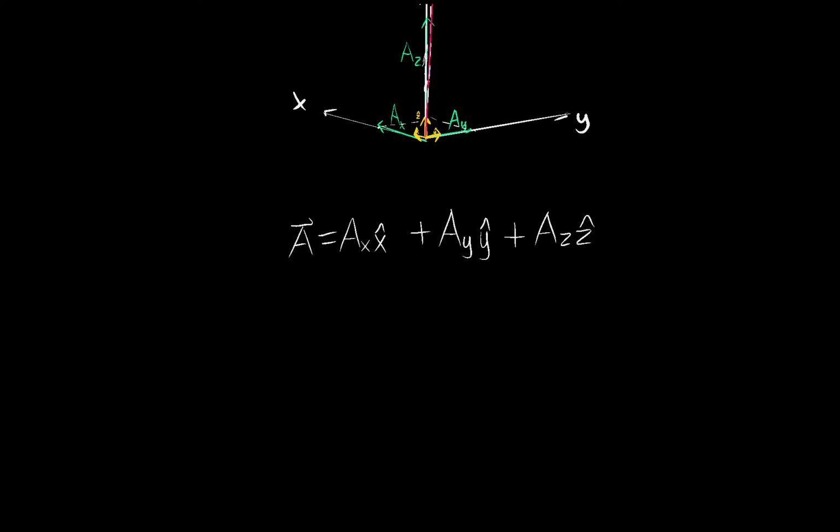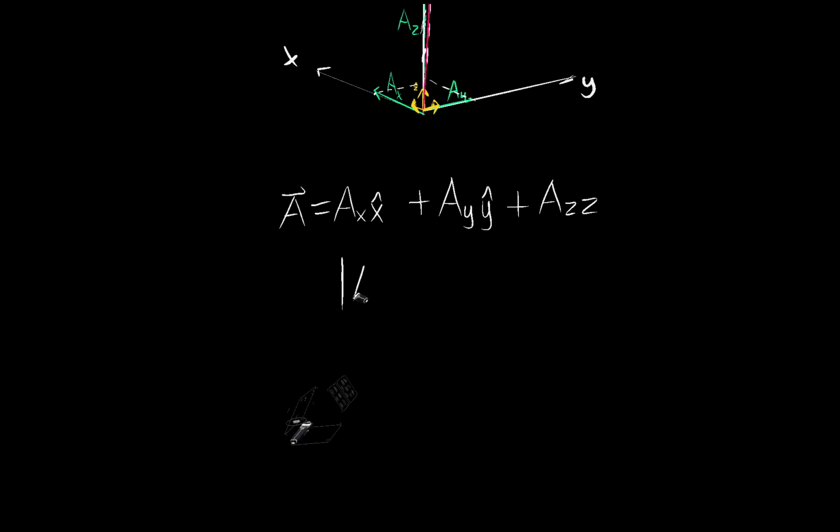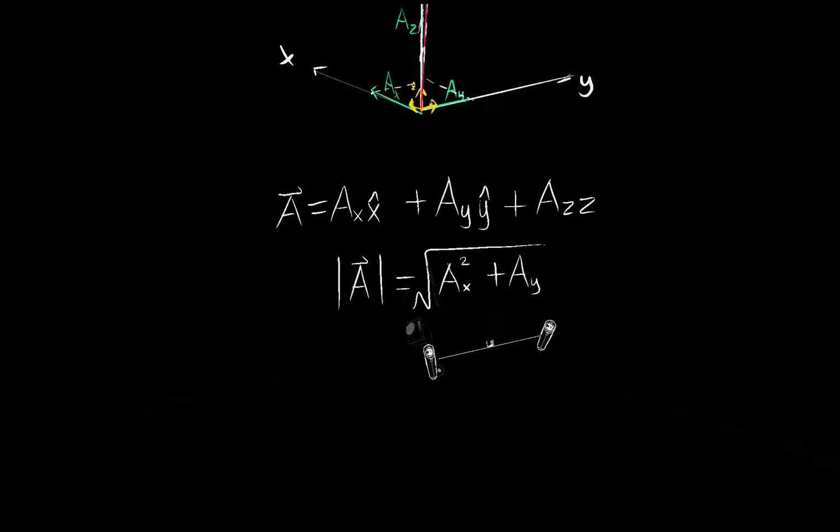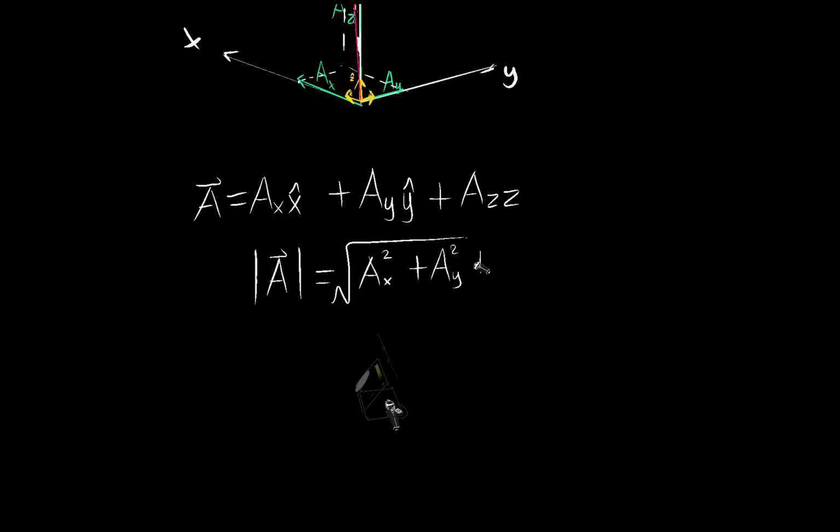To calculate the magnitude, we would write A, bars on either side, is equal to the square root of AX squared plus AY squared plus AZ squared. That's the magnitude. So if you have the components, it's fairly simple.